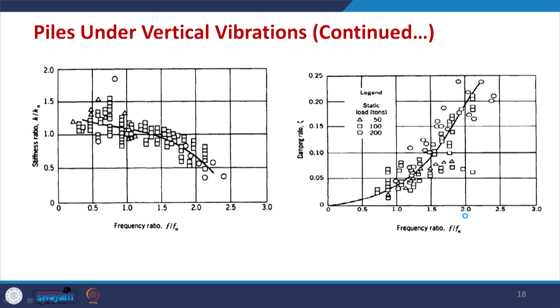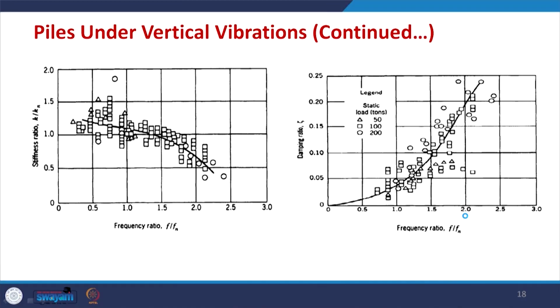In the first case, stiffness ratio K by Kn is shown against frequency ratio f by Fn. So, f is the operating frequency while Fn is the natural frequency, and Kn is the value of K at natural frequency or resonant frequency.